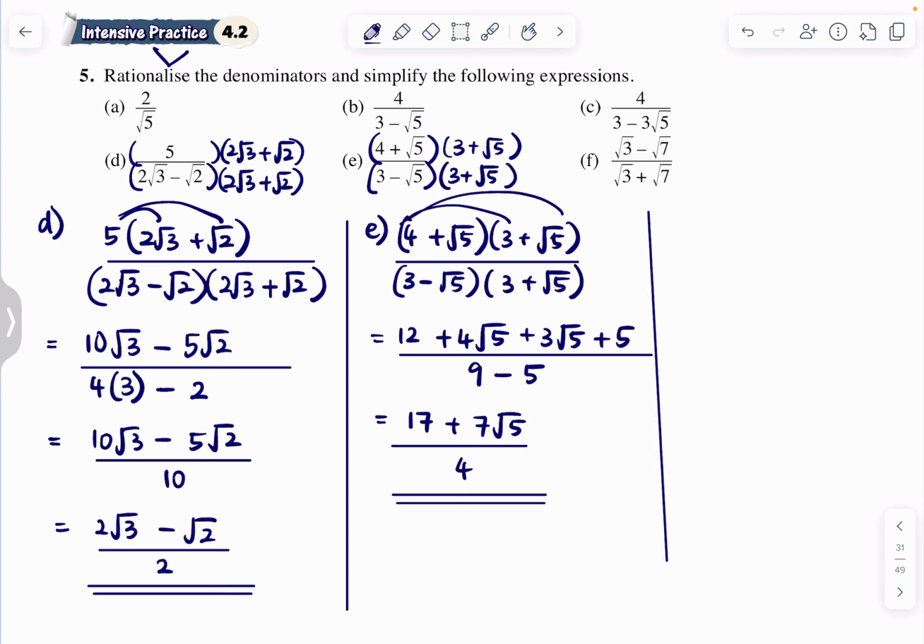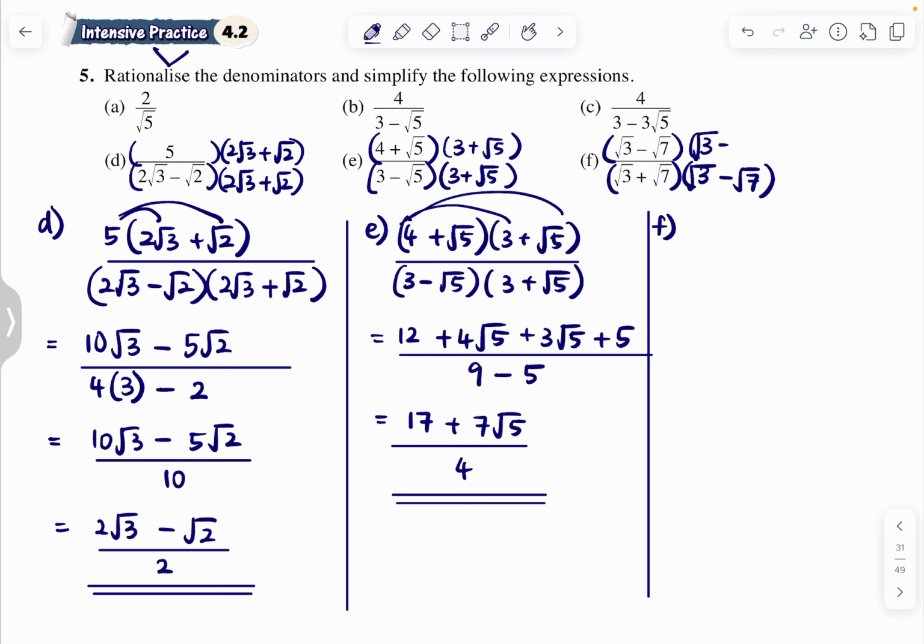Right. Let's look at the last one. F. So same thing. Here we must multiply by √3 minus √7. On top also the same. √3 minus √7. Right, now we expand.